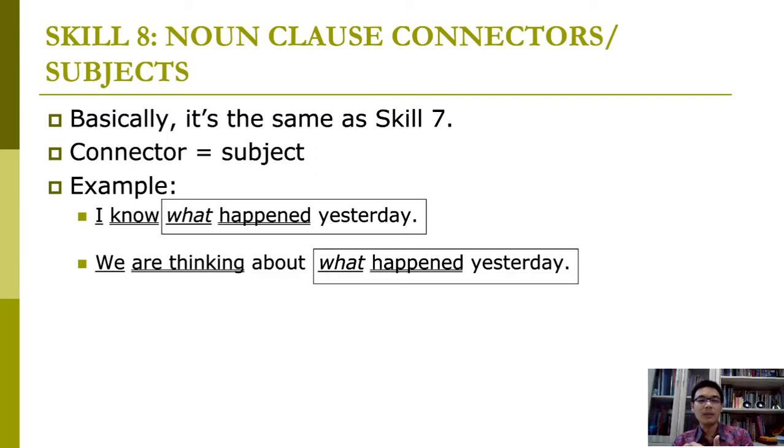We are thinking about what happened yesterday. The first subject is we. The second subject is what. The first verb is are thinking, and the second verb is happened, with one connector, which is what.